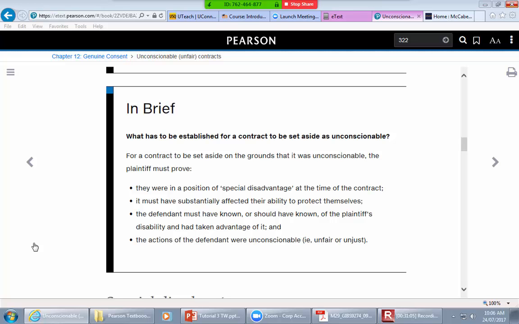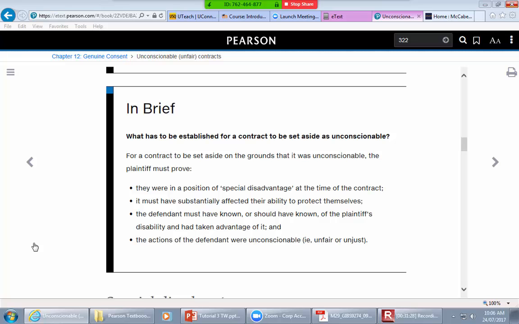Because we're talking about unfair and unjust, you immediately realize that this theory comes from where? From common law or from equity? It comes from equity, because common law does not care about justice. Justice comes only when we talk about equity.